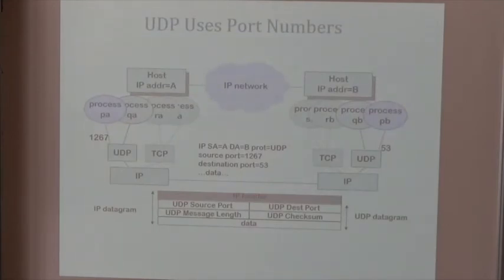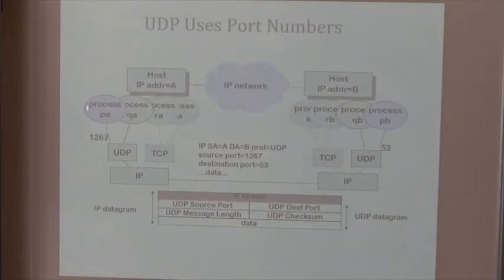A few words about UDP, which is really simple. We have already discovered that there are ports. So what are the port numbers? When I use UDP, typically I have multiple processes on one machine. One of these processes, for example here a DNS resolver, speaks to another process on some other machine, but on the other machine there are also other processes.